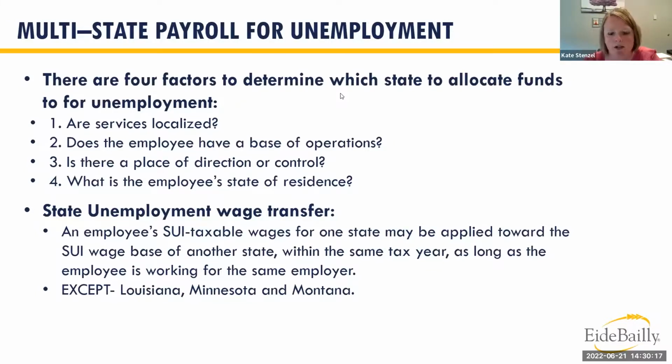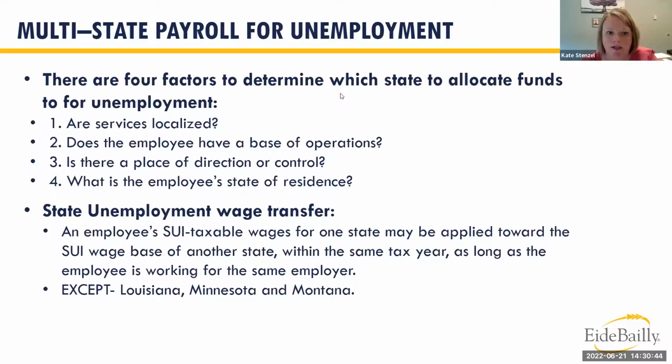So there are 4 steps to help determine which state to use. The first one is, are services localized? For outside states that are incidental compared to services performed in state, that would apply. If you have no localization, then it's based off of whether the employee has a base of operation in one of the states. For example, the employee reports to work in that state, they have an office in that state, or they receive instructions from the employer from that particular state.